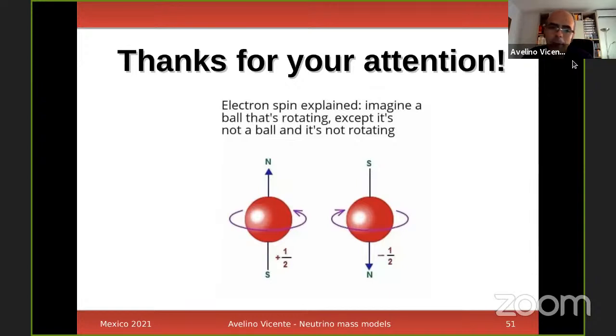And you also asked me about experimental tests to distinguish these different models. That depends on the model, of course. In most of the models, the best way to test the model is to produce the particles, for example, at a collider, because then you can measure the couplings, you can measure the mass, etc. This is not always the case.